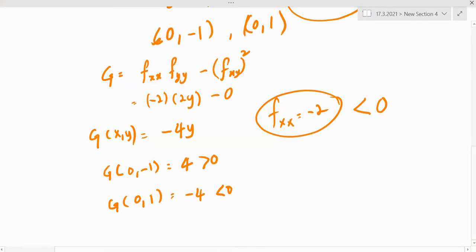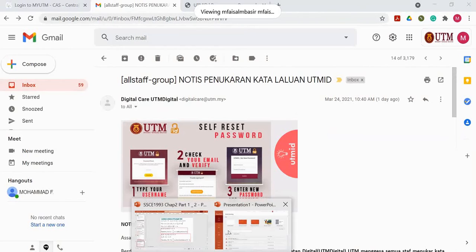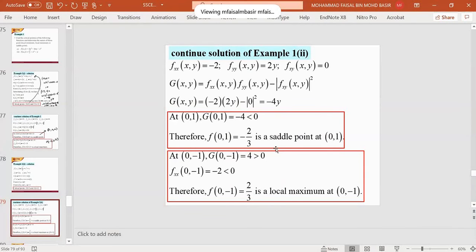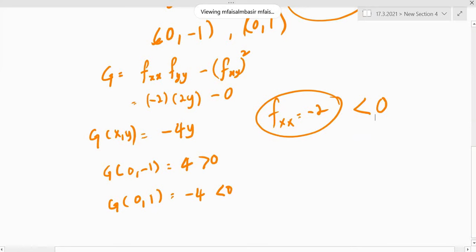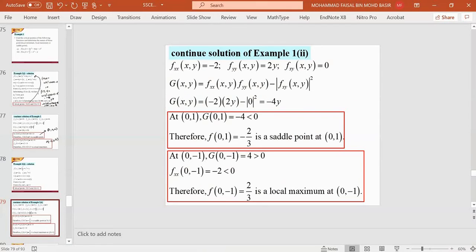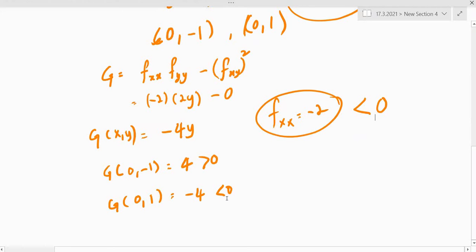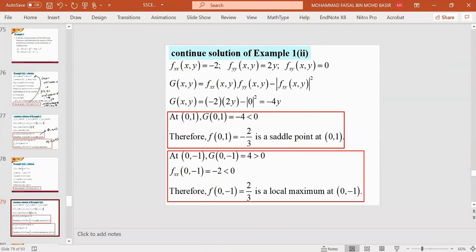So in conclusion, we can say that g(0, 1) is negative 4. Correct or not? Yes. g(0, 1) is negative 4, which is less than 0. Your fxx is negative 2.